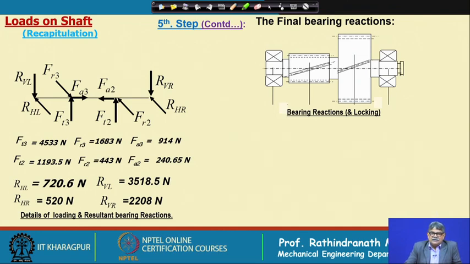One is the radial load, and then again this radial load we have resolved into 2 parts, horizontal and vertical plane, and then axial loads, which is acting along the axis of the shafts.